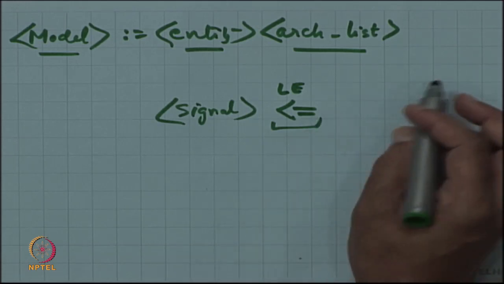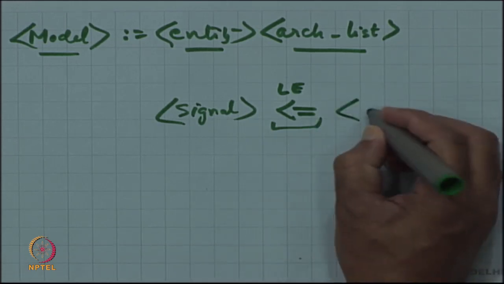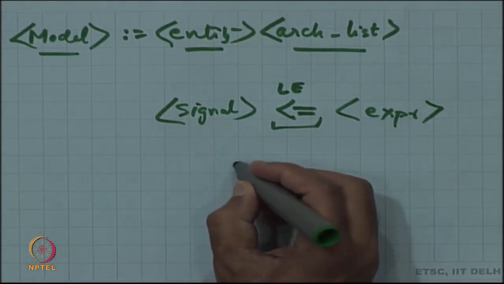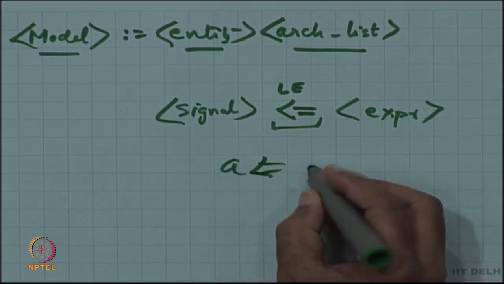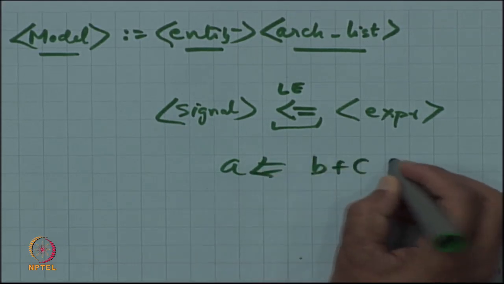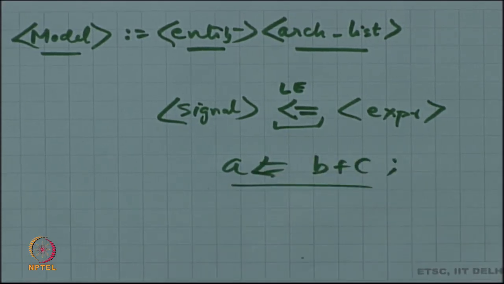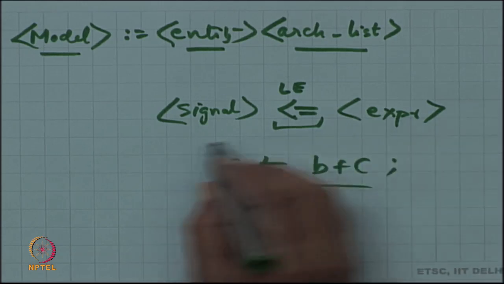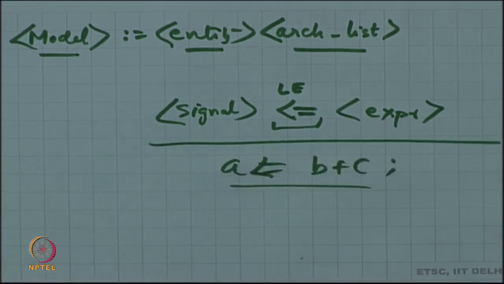Then I will have an expression, let me just call it an expression, right. This is the equivalent of A is equal to B plus C. That is an architecture statement, a concurrent signal assignment at the architecture level, and that is anticipated by this kind of a rule that is specified to the parser. Okay, that is part of our grammar.